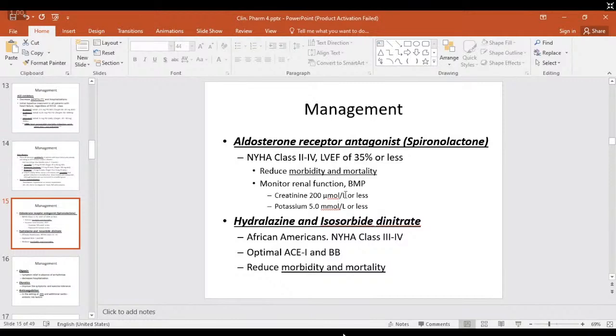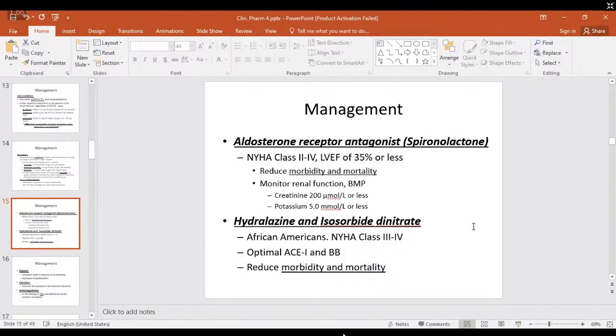What is another option for patients with heart failure? Actually, it's a combination of hydralazine and isosorbide dinitrate. Both of them are vasodilatory drugs.